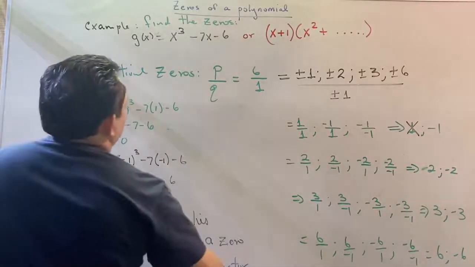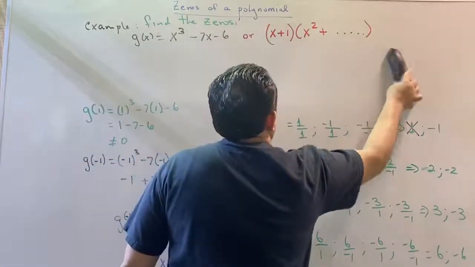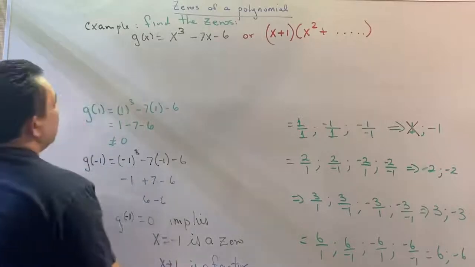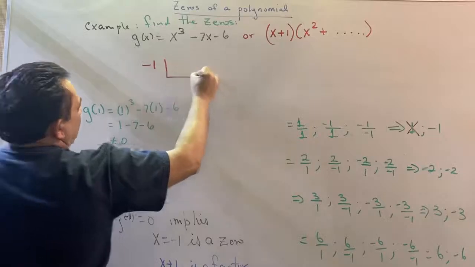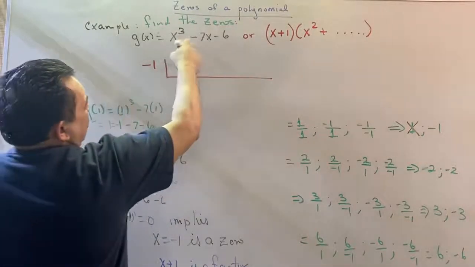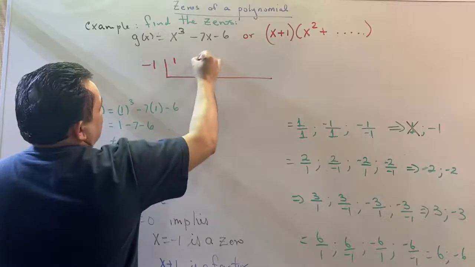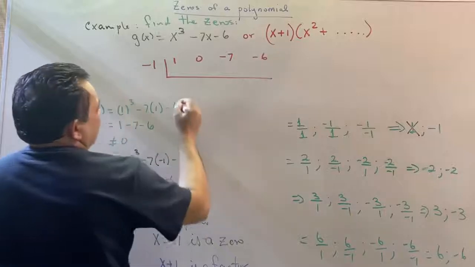So what is this quadratic? Well, we can use synthetic division. Okay? So if we say that -1 is a 0, and we bring down the coefficients, now notice there's a missing term. So we have a 1, a 0 x squared term, a -7, and a -6.